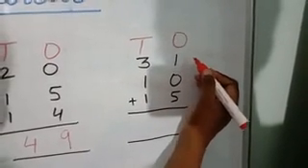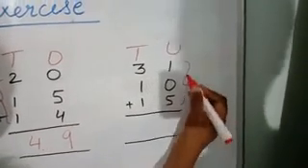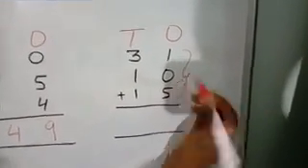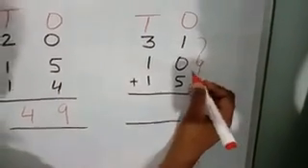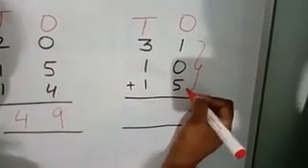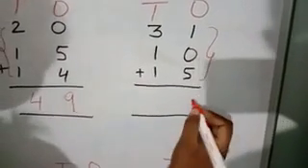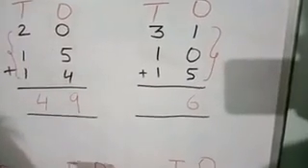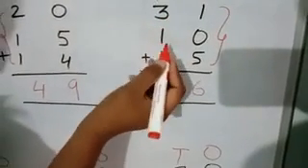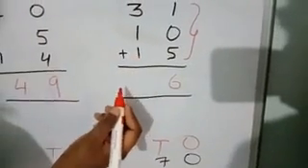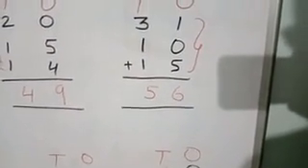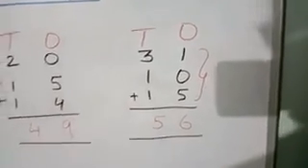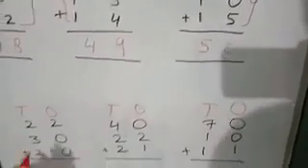So you have to add ones together. 1 0 1 0, that means only 1. Then 5, 1 plus 5, 6. Tens, 3 plus 1, 4 plus 4 plus 4, 5. So here we are getting 56. Okay, now the next.